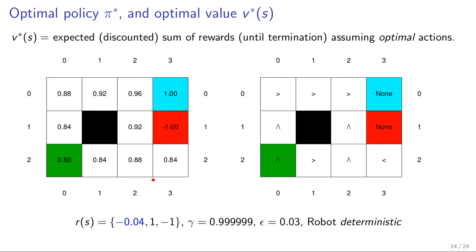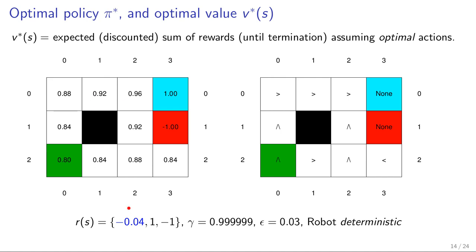Okay. Now, here you see the policy, and here you see these are the values. So this is the value of this state given this policy. One thing you can notice is the closer you are to the positive exit, the bigger the value. And you can very clearly see the effect of this living penalty. The value here is 0.96 because I will pay only one living penalty.